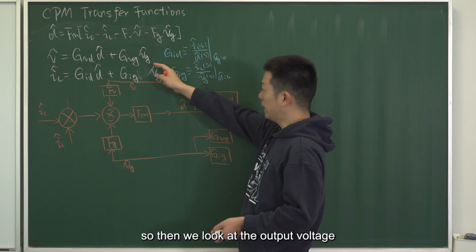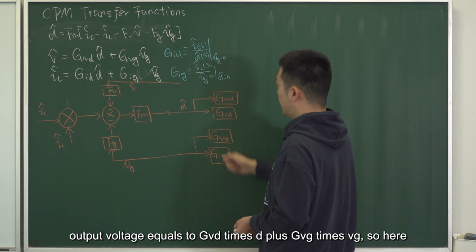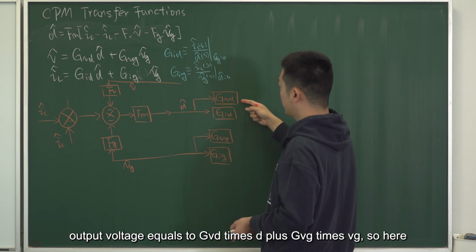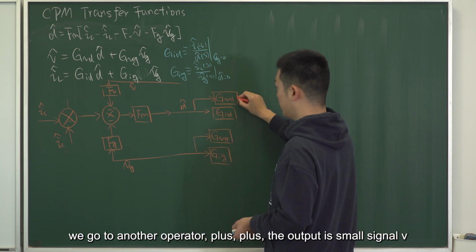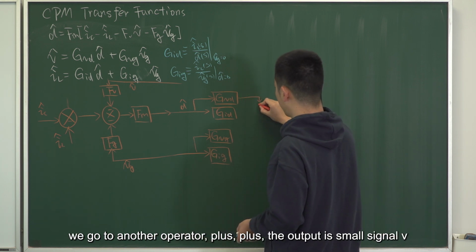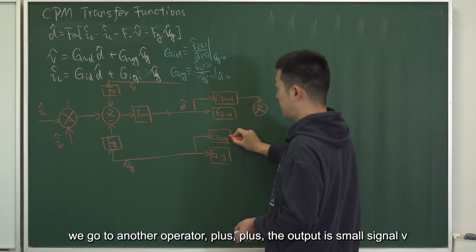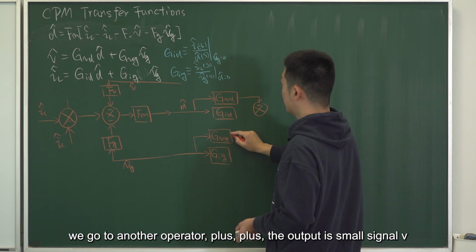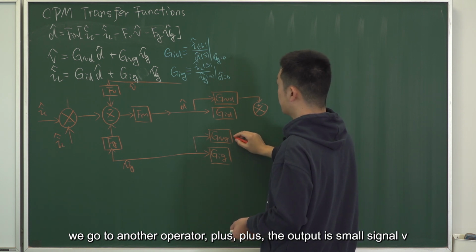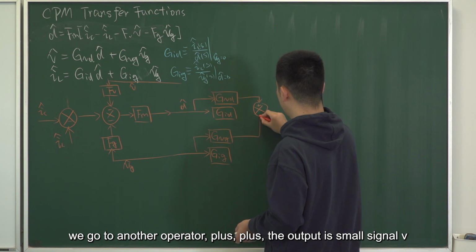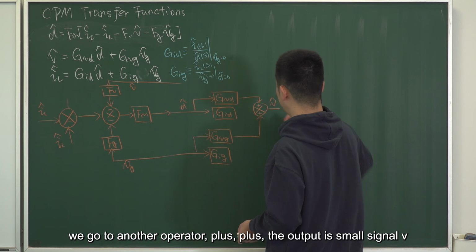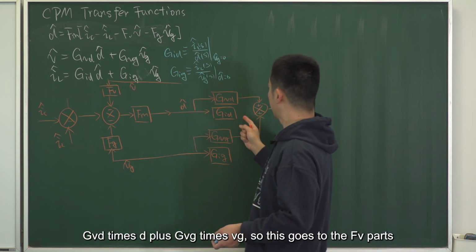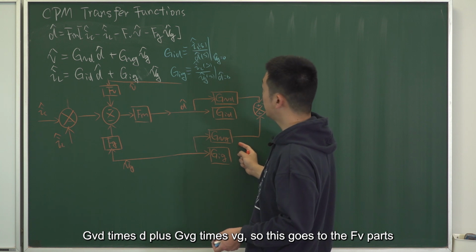Then we look at the output voltage. The output voltage equals GVD times D plus GVG times VG. So we go to another operator with a plus sign, and the output is the small signal V, GVD times D plus GVG times VG.